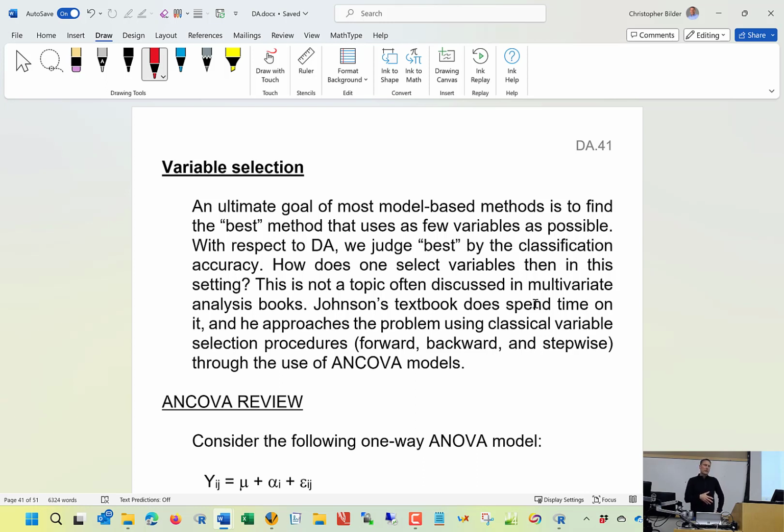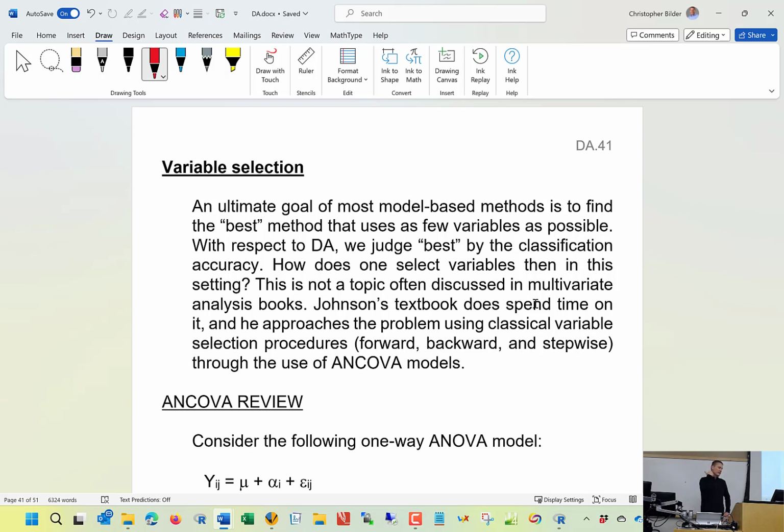It's been my experience that, at least for this kind of topic, you don't see variable selection done very often. The primary reason is that we're not really focusing on the interpretation of the variables. All we're really interested in is the correct overall classification rate or prediction rate.